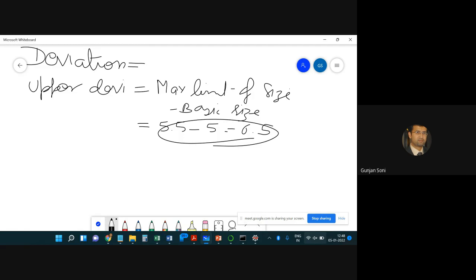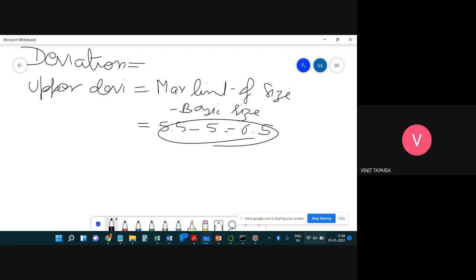Again it will be 0.5, but one corresponds to the maximum metal condition and the other to the minimum metal condition. In a hole, 0.5 corresponds to a minimum metal condition, but in a shaft, it corresponds to a maximum metal condition.